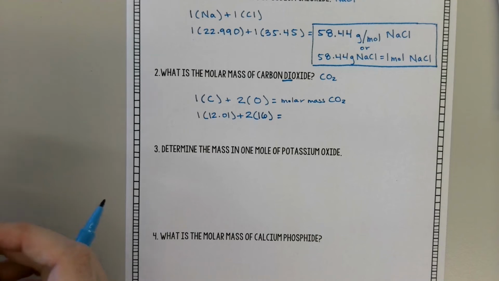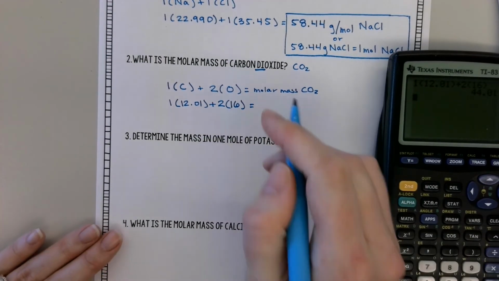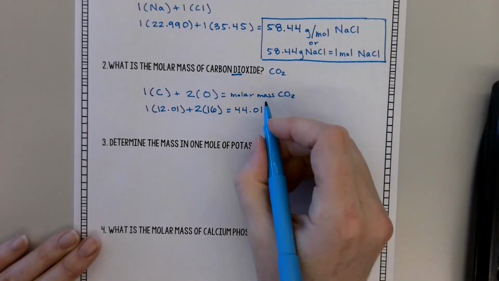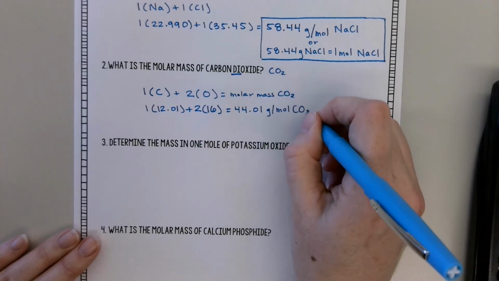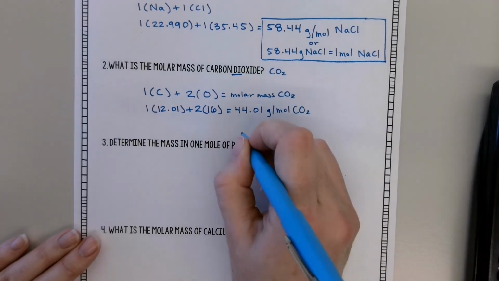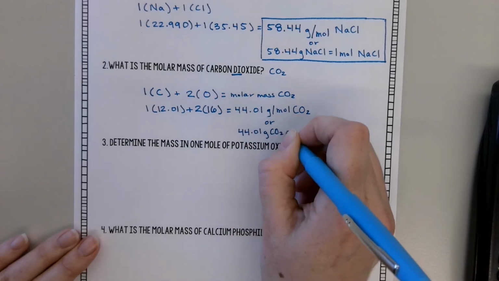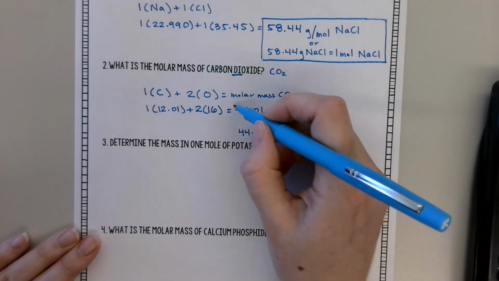Now we're going to type this in our calculator. 1 times 12.01 plus 2 times 16 is 44.01. So 44.01 grams per mole of carbon dioxide, or there's 44.01 grams of carbon dioxide in 1 mole of carbon dioxide.